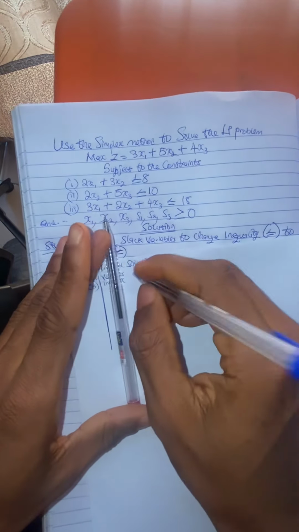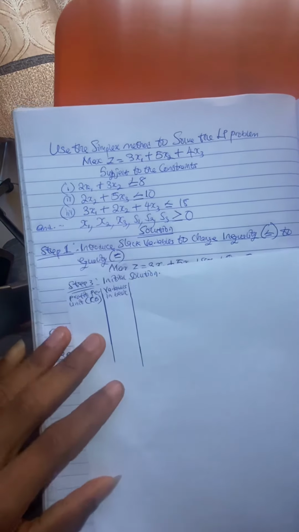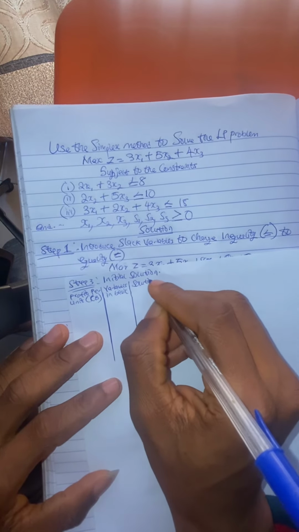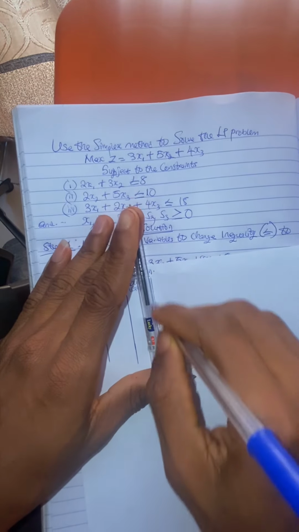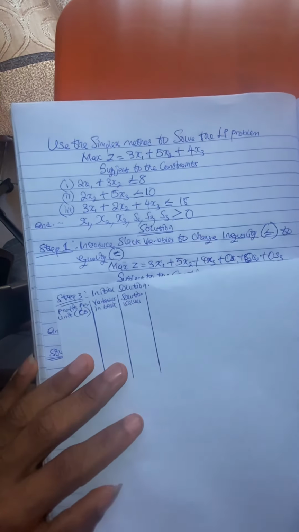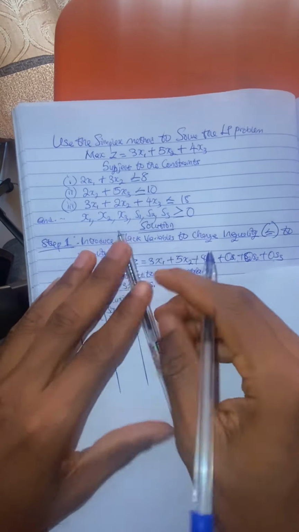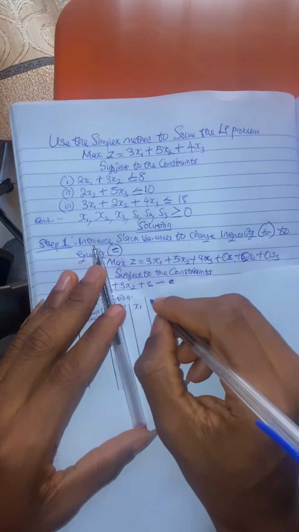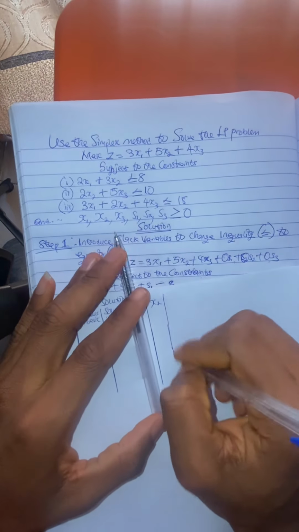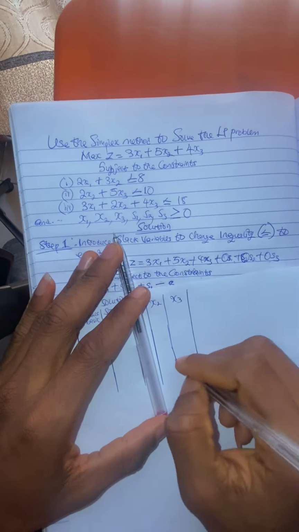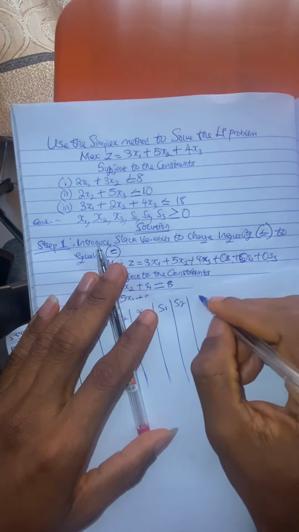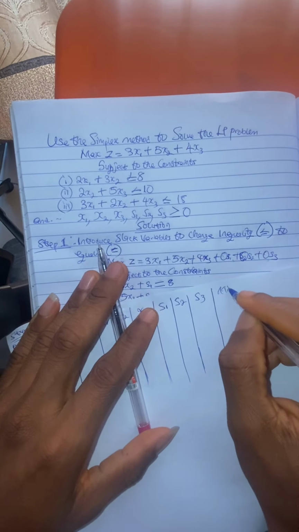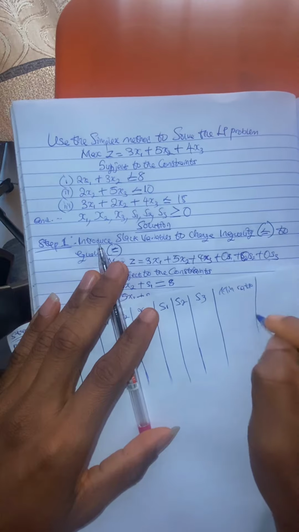And then you draw a line. Then bring your solution values, then you draw a line, right? And then you start to bring your decision variables, which are x1, x2, x3, and then s1, s2, s3, and then your minimum ratio, right?